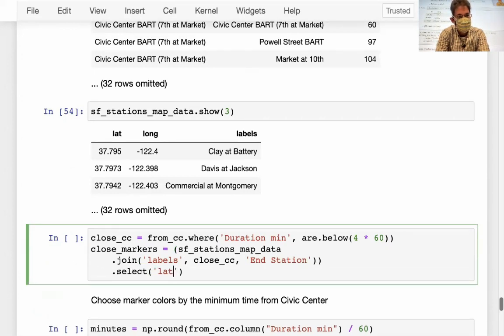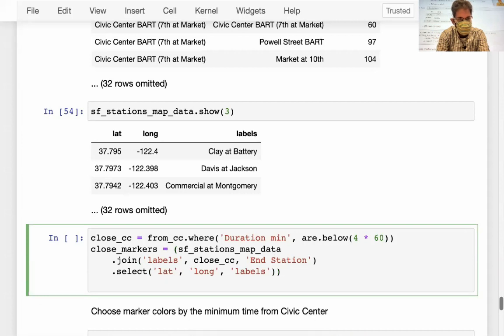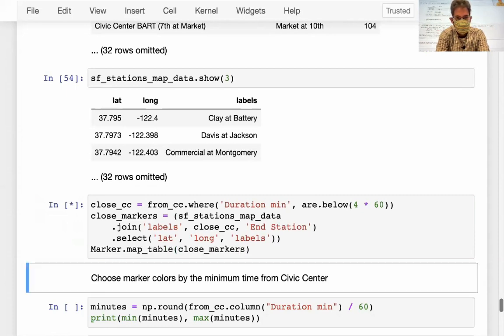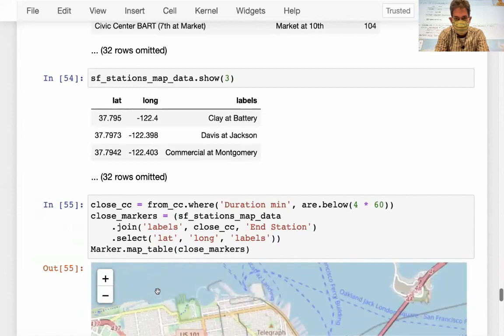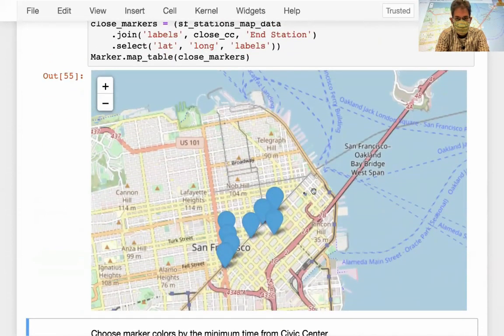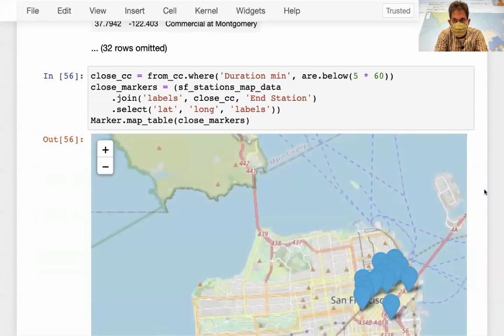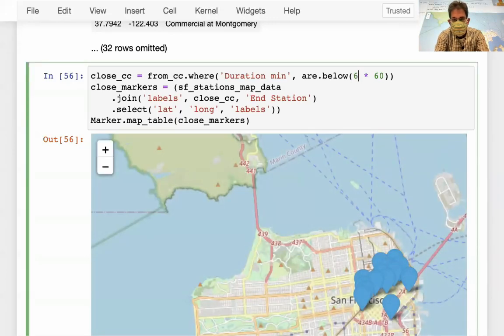I have to make sure it looks like something I can map. Curious. How about that? Then I map it. That's what I get. So instead of all of them, I just got the ones that are close. If I wanted to go a little bit closer, I could go to 5 minutes or 6 minutes.